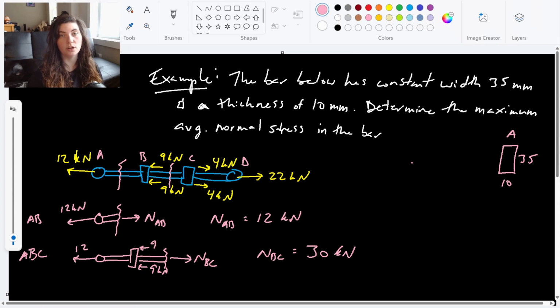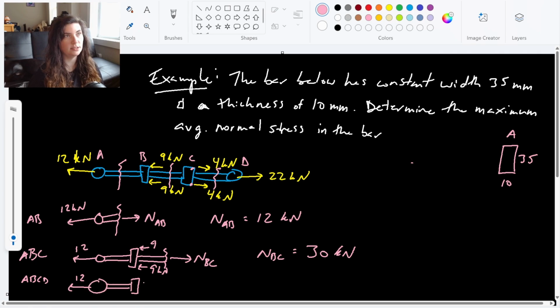And then I look for another load change, and I can see at C we've got the 4 kilonewton and 4 kilonewton loads. They're being applied like here and here on this juncture at C. I'm going to cut through CD. So this is now ABCD. Start with my 12 kilonewtons attached to the ring.